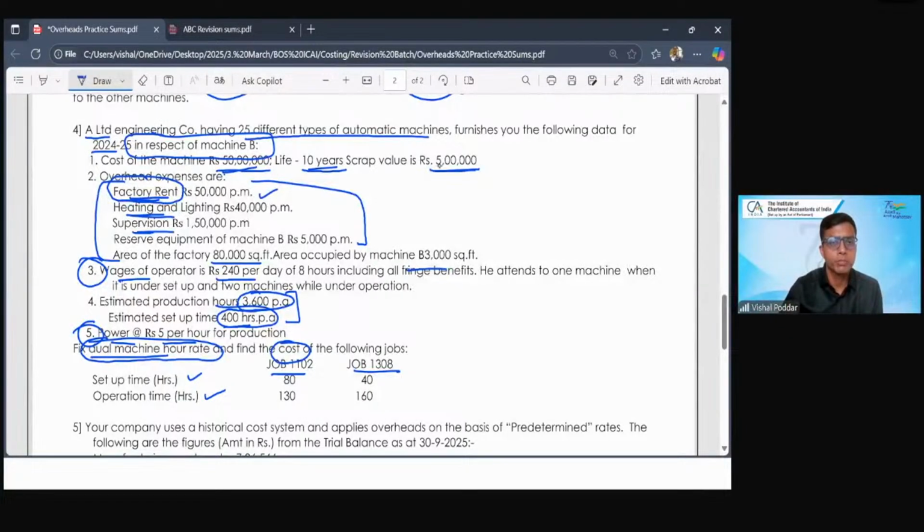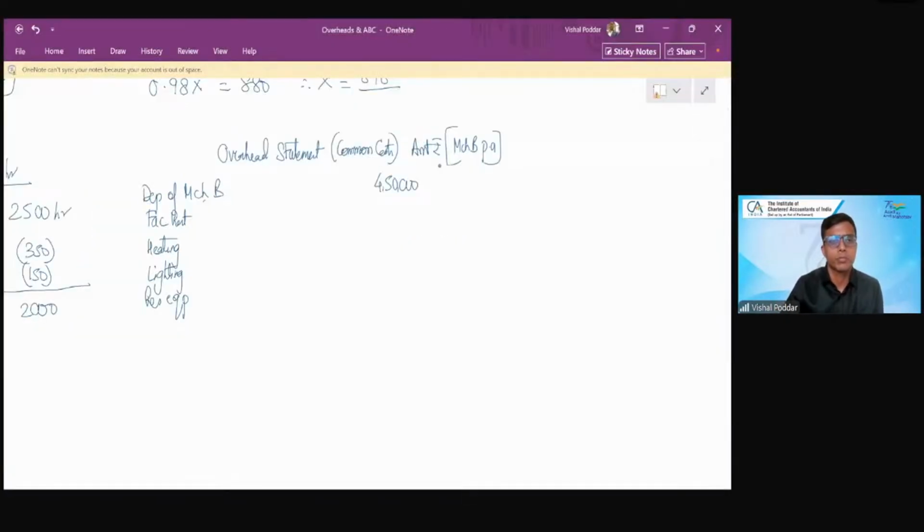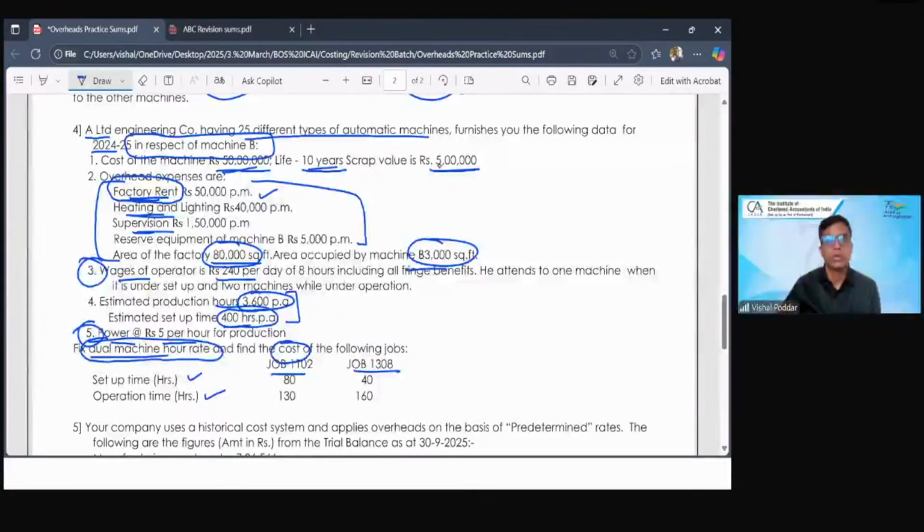Factory rent is 50,000 per month. Area occupied by the factory is 80,000 and our machine is 3,000. So 50,000 into 12 into 3,000 divided by 80,000. Correct? Heating, lighting, 40,000 per month.